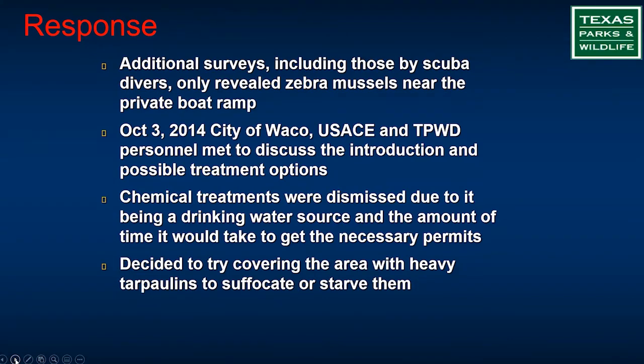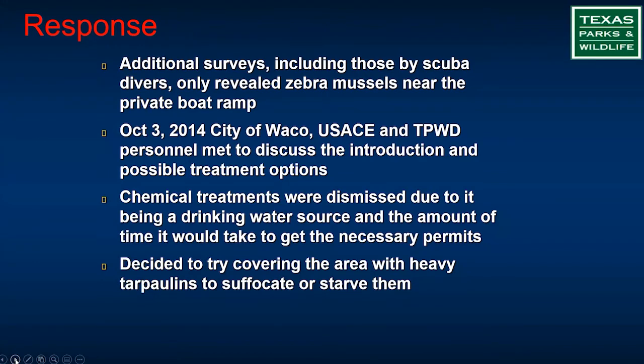And so the partners met, and we decided to try covering the area with heavy tarps to suffocate these zebra mussels. This was enabled by the fact that the location of the zebra mussels at that boat ramp was a nice gradual slope, without chunks of tree and boulders in the way.